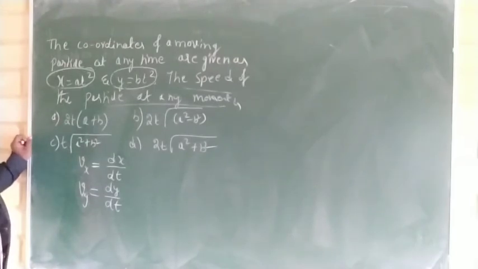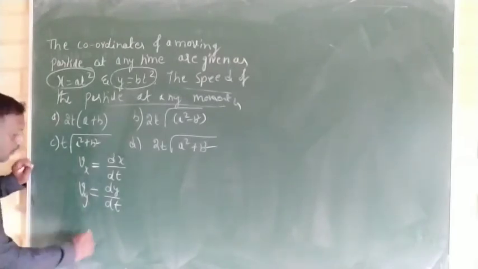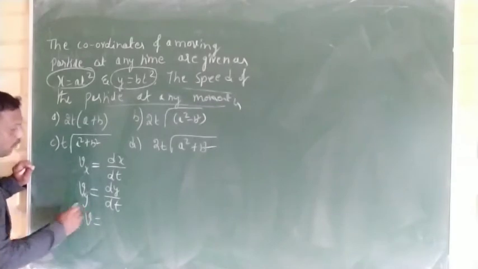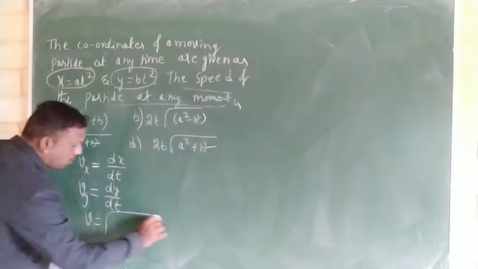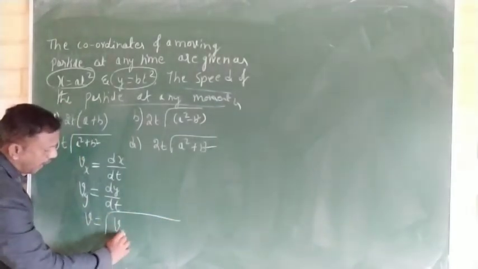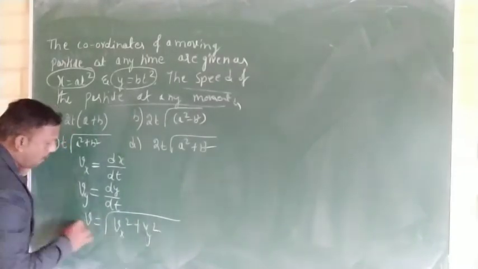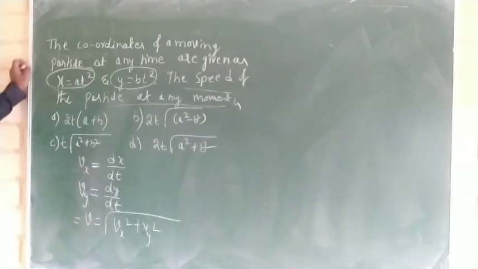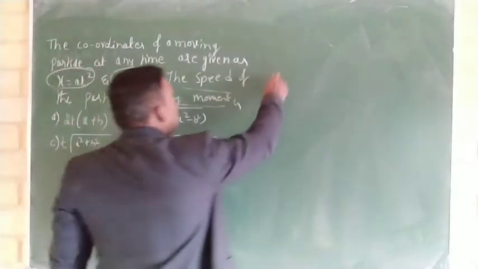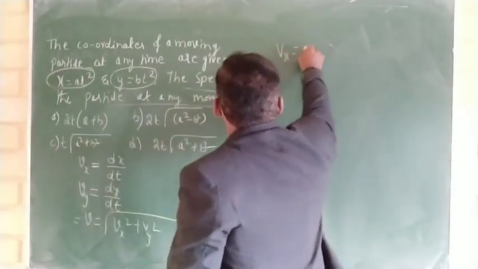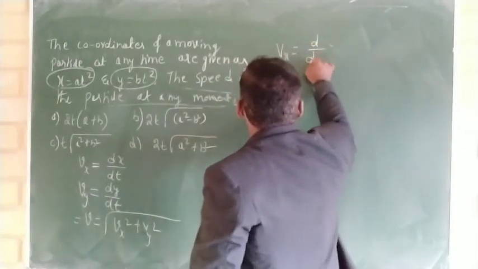Therefore, the speed of the particle at any moment, the magnitude of velocity v, is equal to square root of vx square plus vy square. Okay. First we have to calculate vx. Vx is equal to d by dt of x.